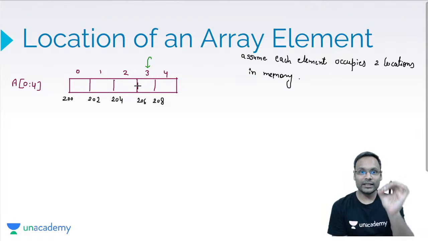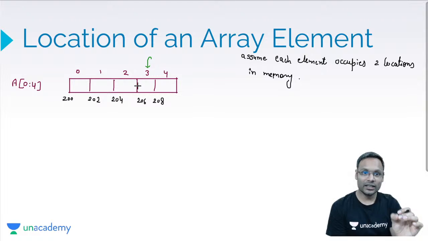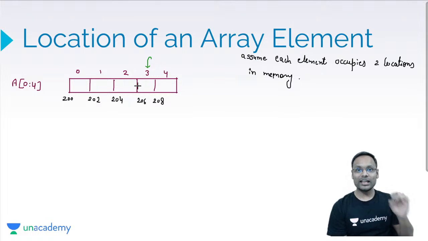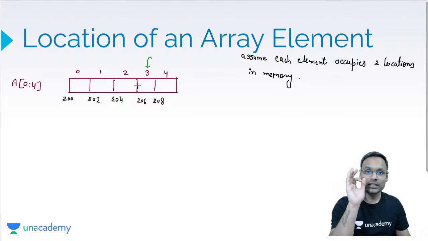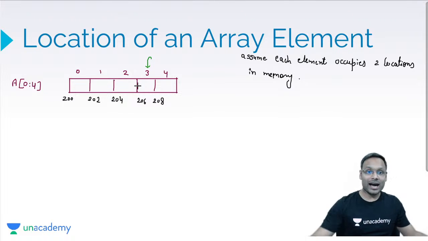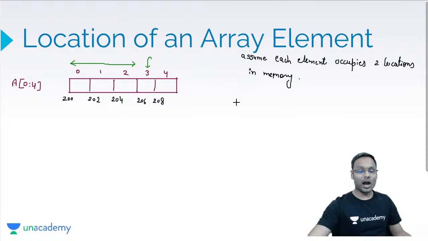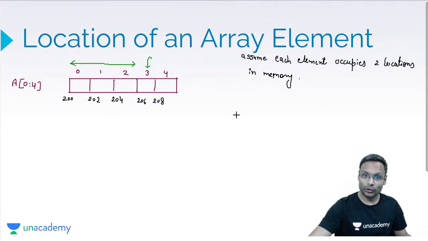How many elements are present before this element with index 3? The answer is 3. Right?